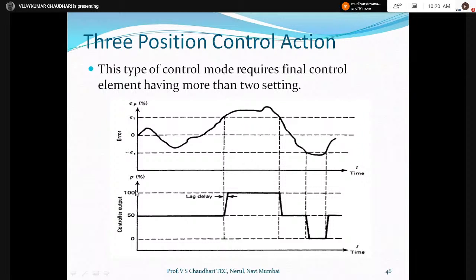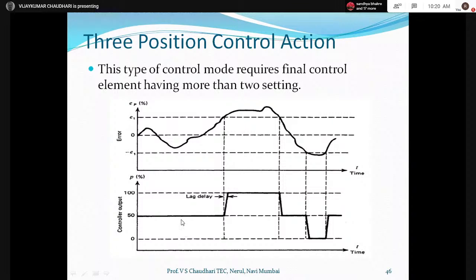So between 0 and 100%, a step is added with 50%, and for the range of error between minus e_v to e_v, for this range of error, we have set the output to be 50%.